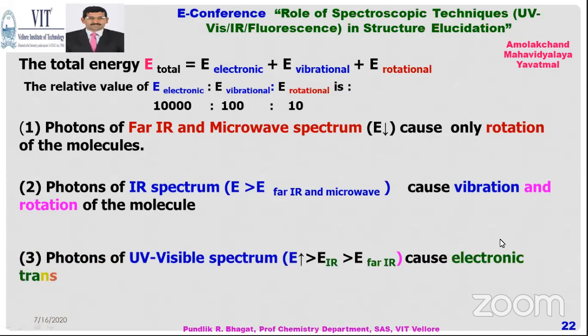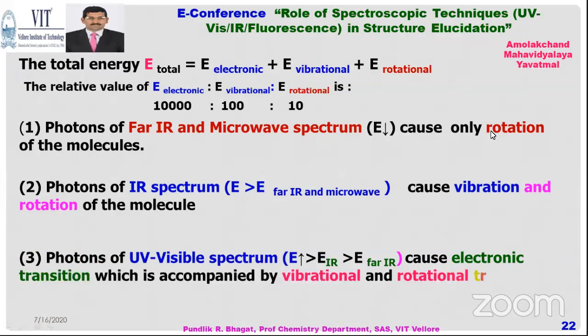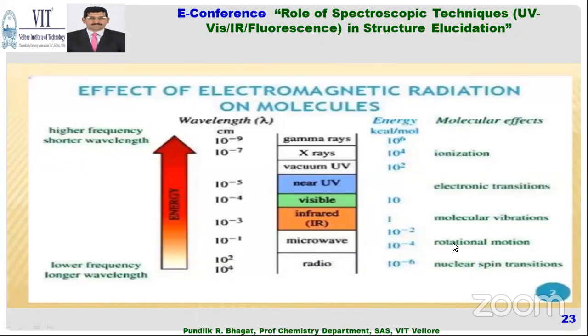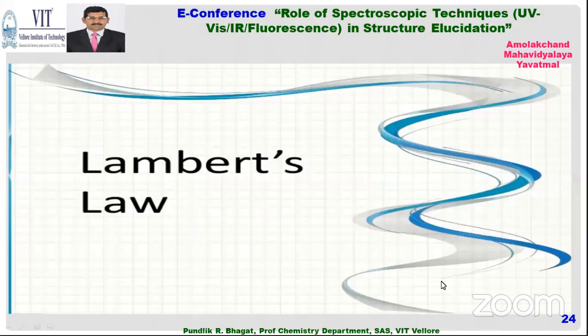So that is why you will find here far IR and microwave are causing rotation, while the IR spectrum is causing vibration and rotation, while UV and visible are causing electronic transition along with vibrational and rotational transitions. So this is the picture which shows different radiations causing different changes in the molecules.